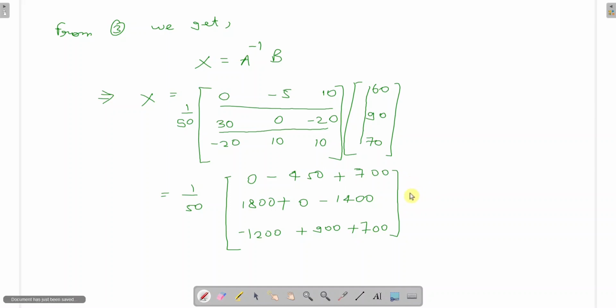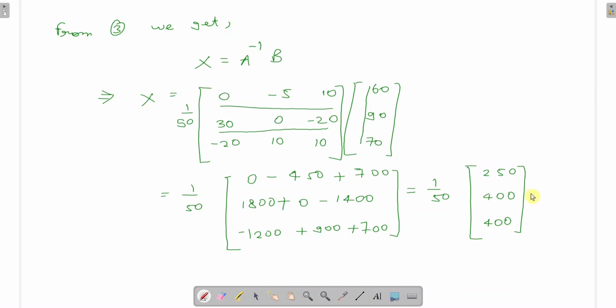So this will be equal to 1 by 50 into 700 minus 450 will be 250. Then 1800 minus 1400 will be 400, right? Then 900 plus 700 will be 1600 minus 1200, which is 400.